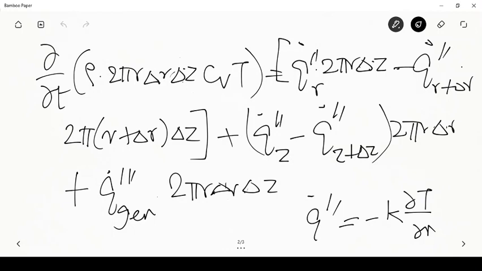So 2 pi delta z is common to both this term and this term, so that can be taken out. So you will have a q dot double prime r into r and q dot double prime r plus delta r into r plus delta r multiply. So the q dot double prime written as k del T by del n will then give me the equation.